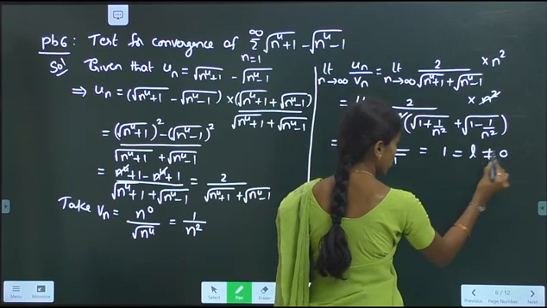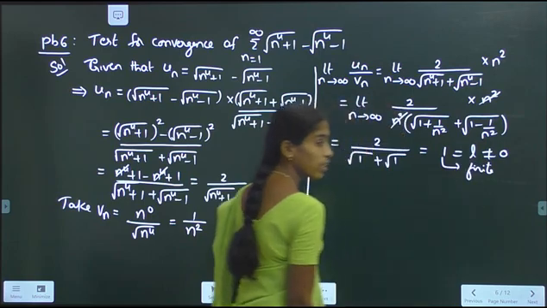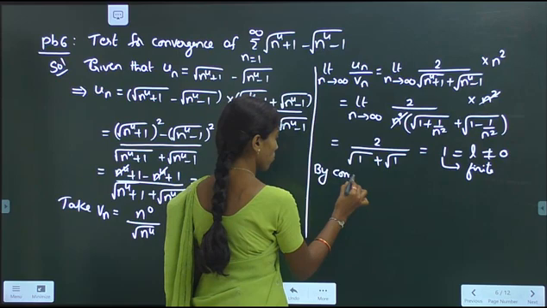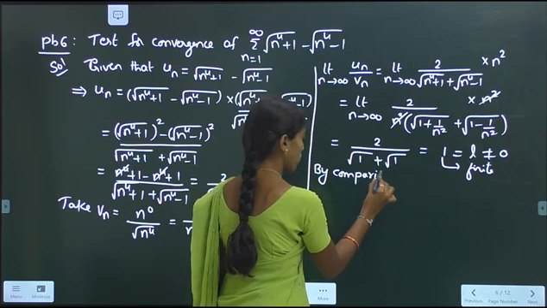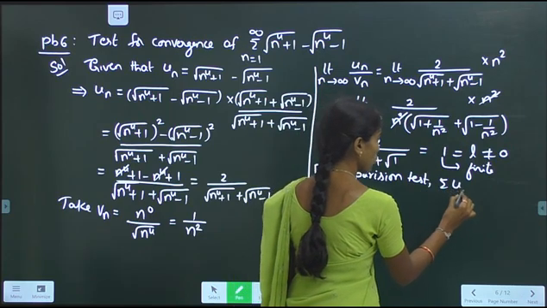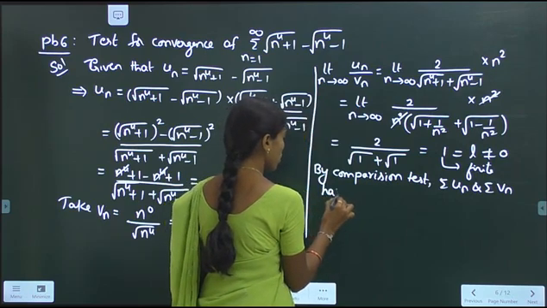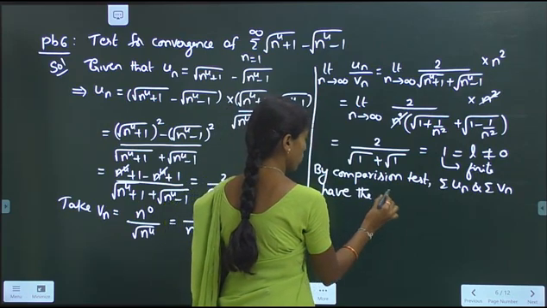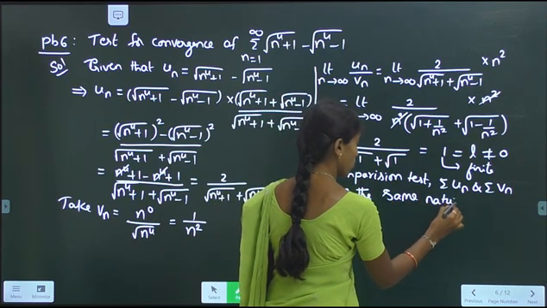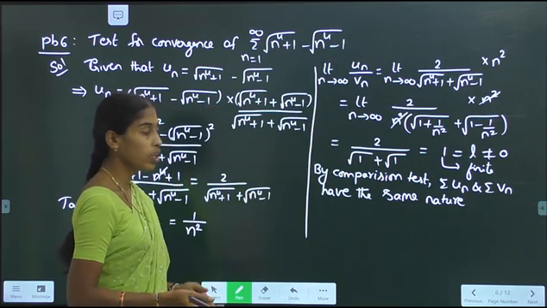L not equal to 0, this 1 is a finite non-zero value, right? So by comparison test, sigma Un and sigma Vn have the same nature. So either both are convergent, otherwise both are divergent.